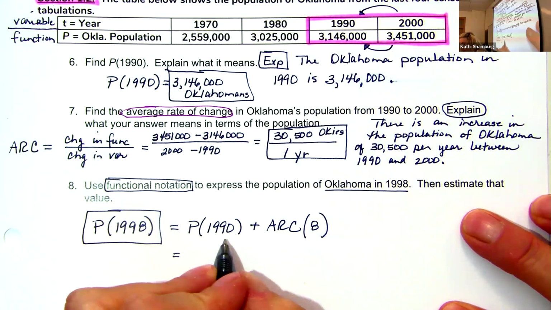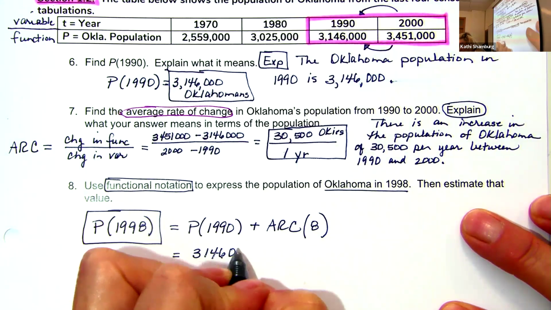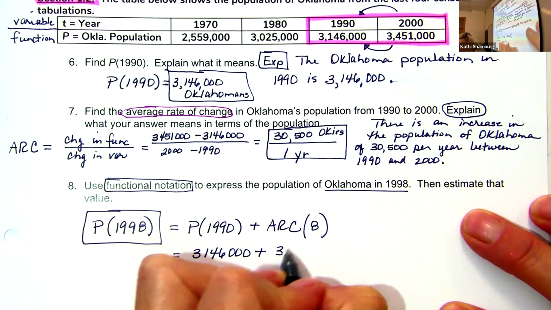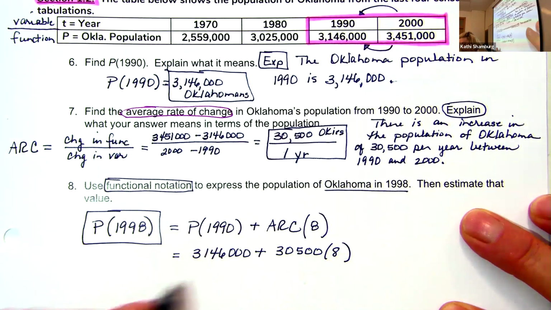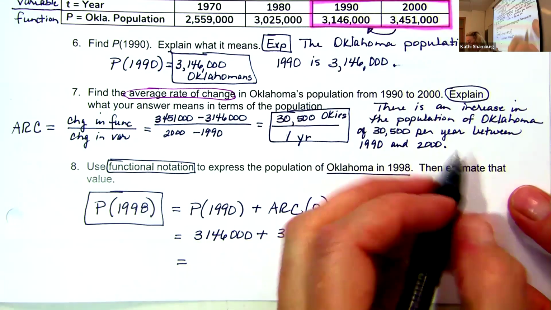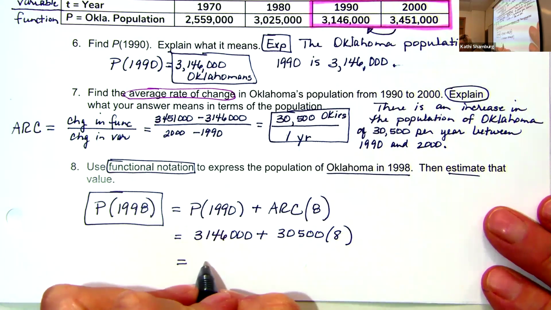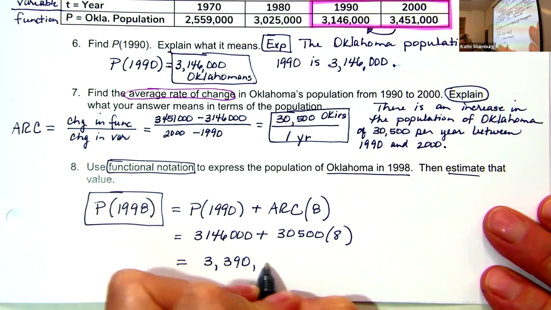So the population in 1990 was 3,146,000. And then we will add the 30,500 per year for 8 years. So in 1998, we would estimate how many Oklahomans are there. Does somebody have that? 3,390,000. 390,000? Yep.